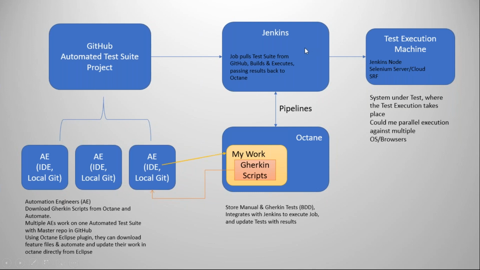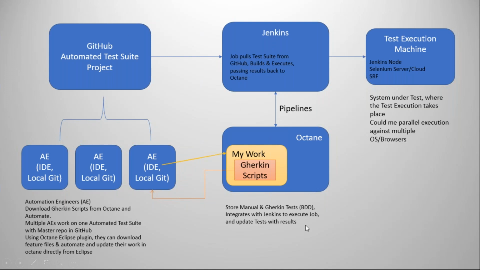The Jenkins server is the master, I'm creating a node, which is this laptop, and my tests are going to execute on this laptop. But this could be a Selenium server or a Selenium service in the cloud. It could be StormRunner Functional. It could be Mobile Center. There's a number of different endpoints, a number of different ways of executing our tests. And obviously, if we're using something like StormRunner Functional, it means we can execute those test suites against multiple operating systems using different browsers, and we can do parallel execution and accelerate our test execution.